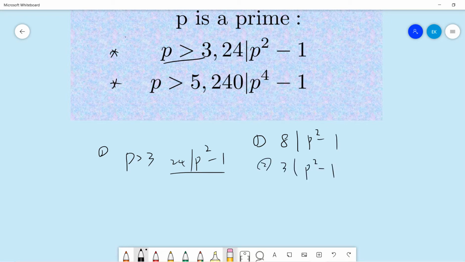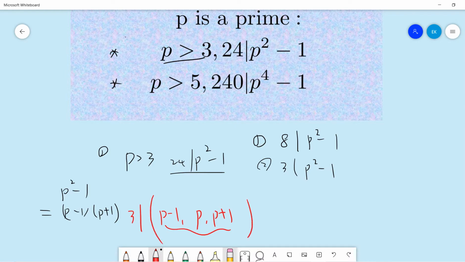P squared minus 1 can be written as P minus 1 times P plus 1. Suppose you consider 3 consecutive integers: P minus 1, P and P plus 1. So 3 must divide one of them. But since P is prime, 3 cannot divide P. So that means 3 must divide one of the other two, and we have proved this.